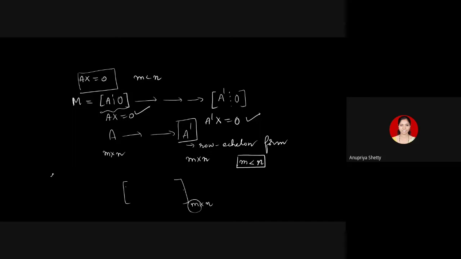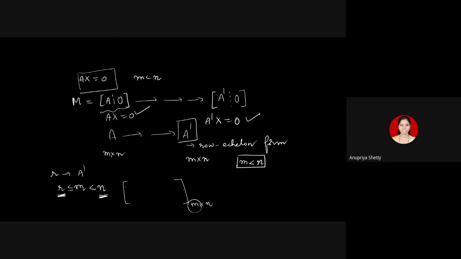Let R denote the number of pivots in A dash. What is A dash? The row echelon form of the matrix A, where A is the coefficient matrix in the given system, Ax equal to 0. Let R denote the number of pivots. Then, as you all said, R has to be less than or equal to M, and it is given M is strictly less than N. That says the total number of pivots, that is R, is strictly less than N. The total number of pivots is strictly less than the number of columns.